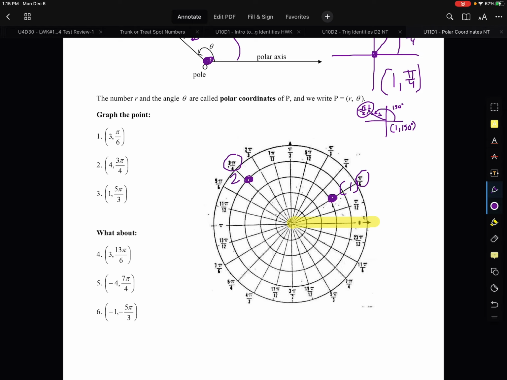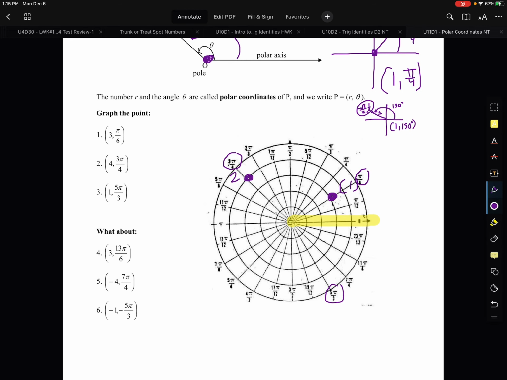5 pi over 3. Where are we at 5 pi over 3? Oh, 5 pi over 3, all the way down here. All right, so 5 pi over 3, and we're 1 unit away.